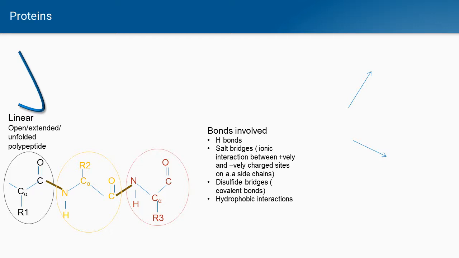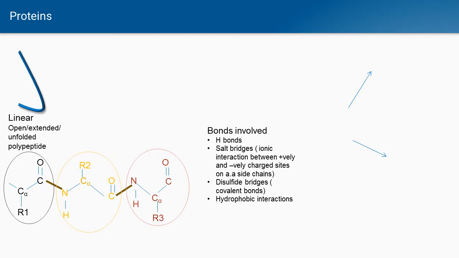R1, R2 and R3 are the R groups attached to the amino acids, and it is by the different R groups only that we distinguish the amino acids, because the basic structure of each amino acid is the same. All amino acids contain the alpha carbon, then a C attached to it, then an amino N, the amino group attached to it, but the amino acids only differ in the R group.